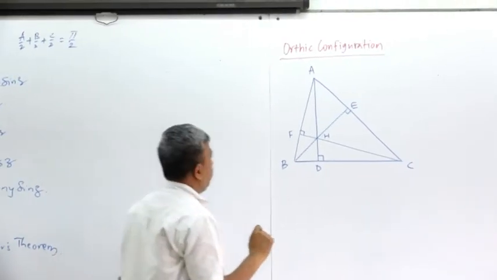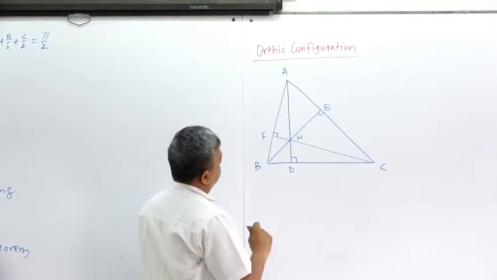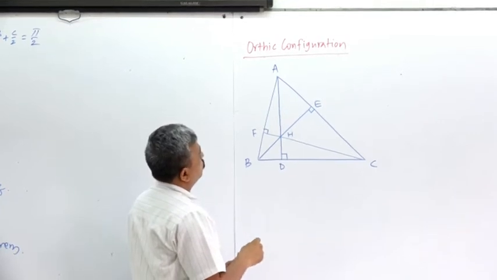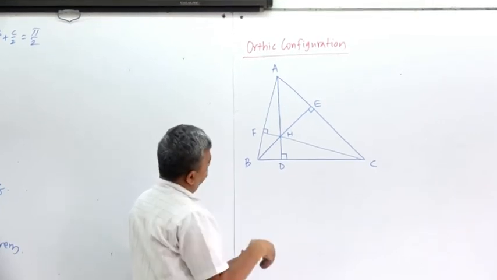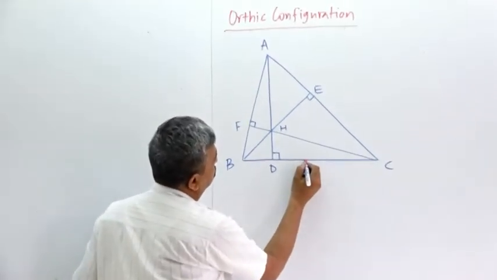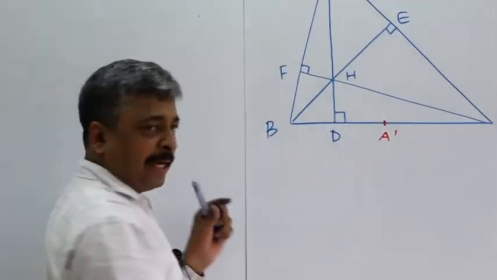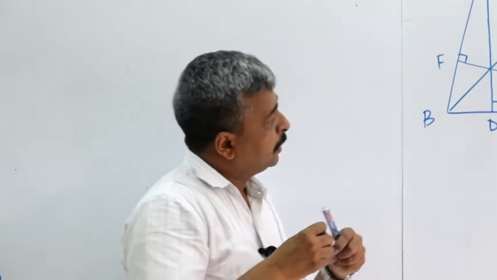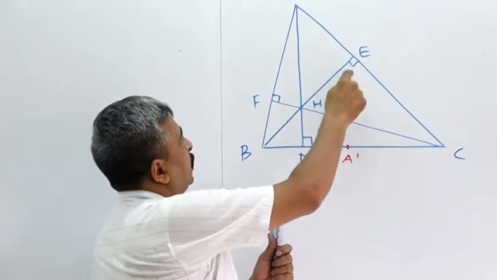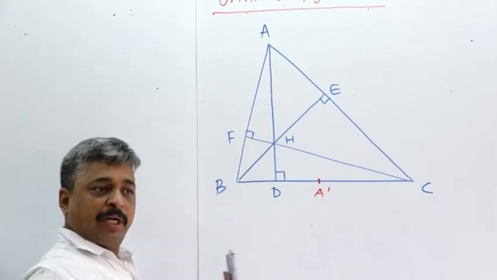Maybe you have done this: suppose I consider the midpoint of BC, say A dash. Suppose A dash is the midpoint of BC. Then EFDA is cyclic.